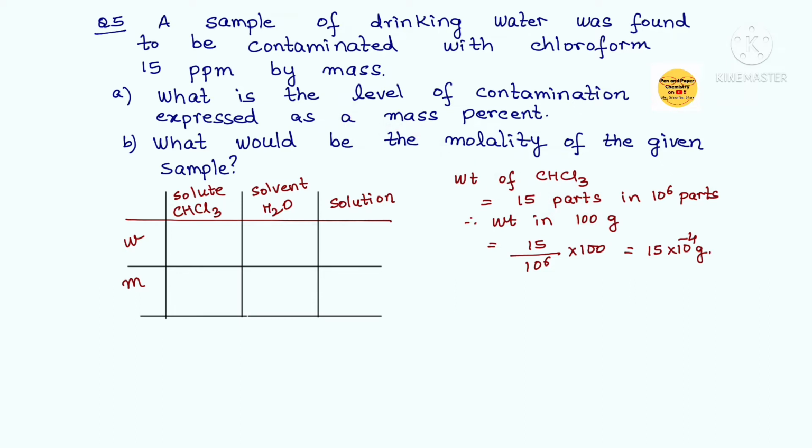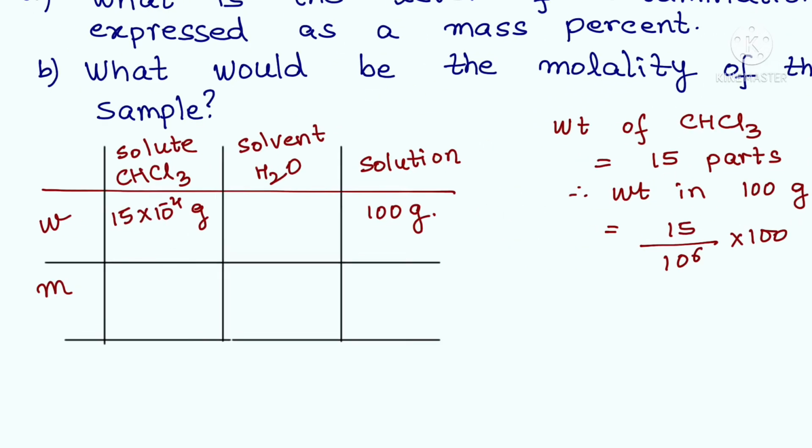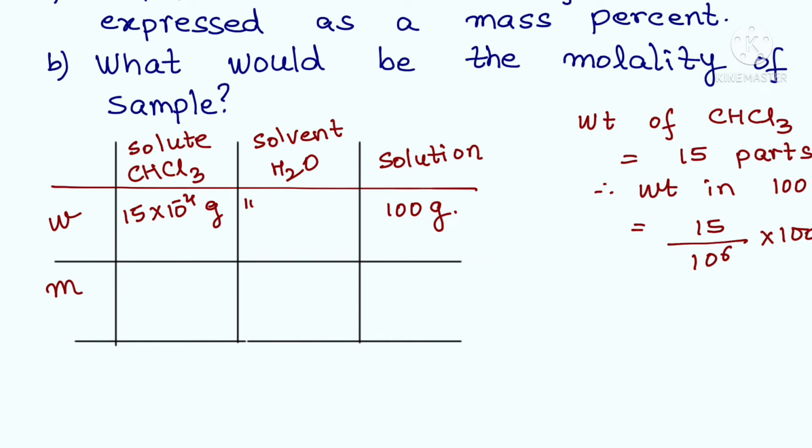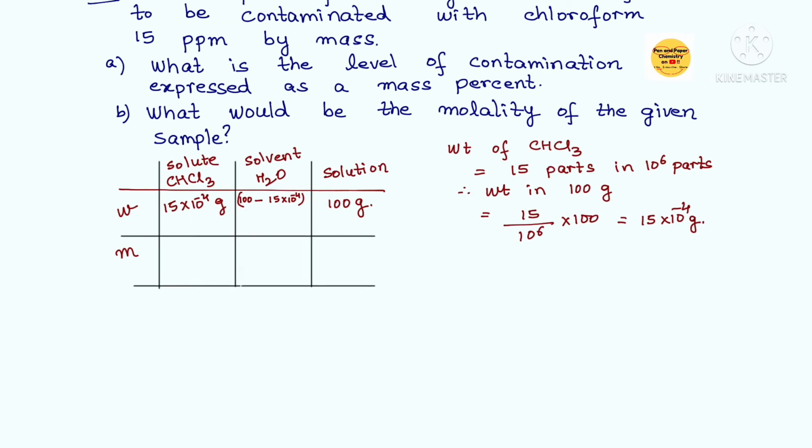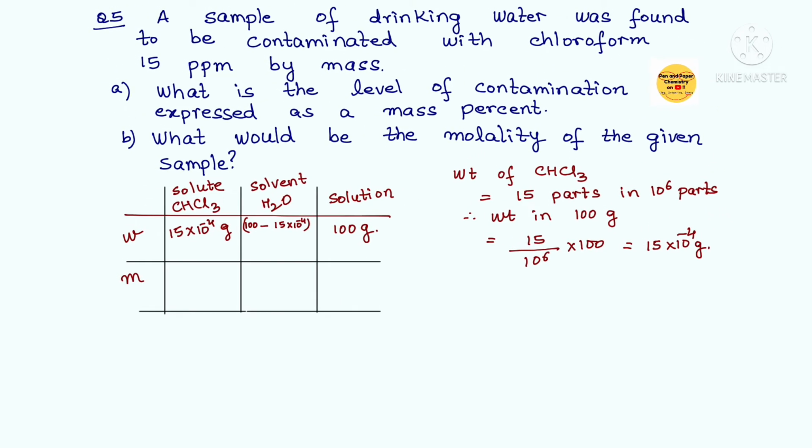So let us jot down this data for our further reference. I have got over here 15 into 10 to the power minus 4 grams, and the mass of the solution is 100 grams. So what would be the mass of the solvent? Yes, this is where it actually gets tricky, because it's going to be 100 take away 15 into 10 to the power minus 4. If you are using a calculator, then of course this becomes very easy and quick to solve.